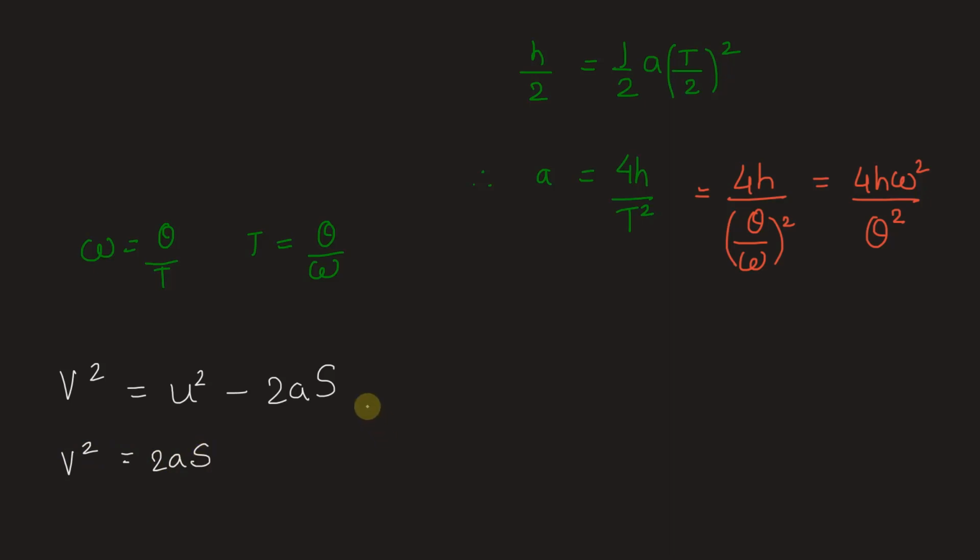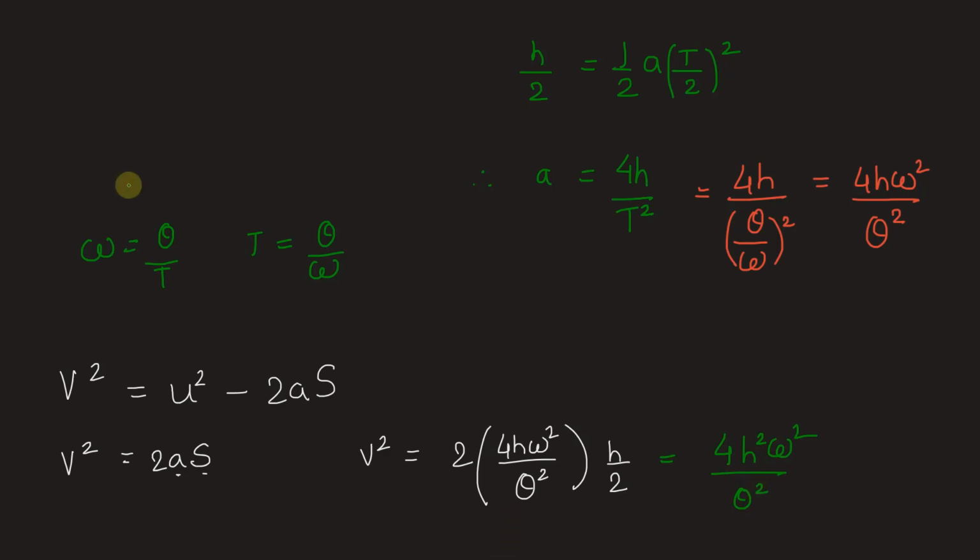Now s is again s1, s2, that is h by 2. So after substituting the values of s and a, we will have v square equal to 2 into 4h omega square by theta square into small h by 2. So 2 by 2 gives us 1. 4 times h into h is h square, so 4h square omega square upon theta square.